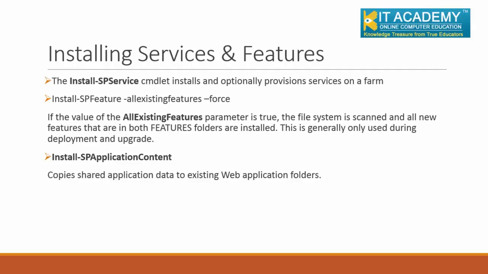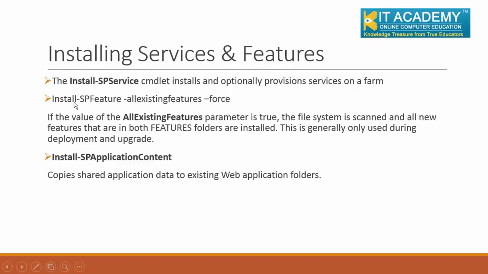Now the farm configuration database has been created successfully. It's time for us to run 3 special cmdlets to get the remaining things done. First of all, you have to run the Install-SPService cmdlet, which actually installs and provisions the various services for your farm.